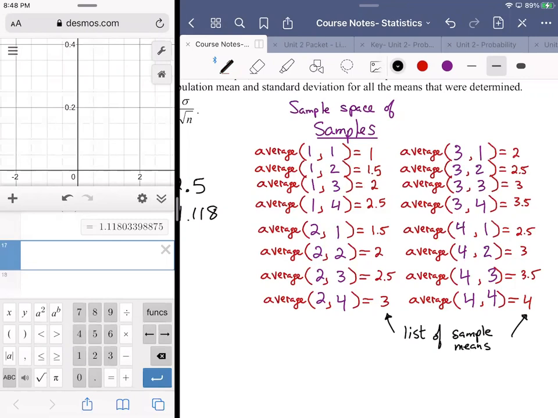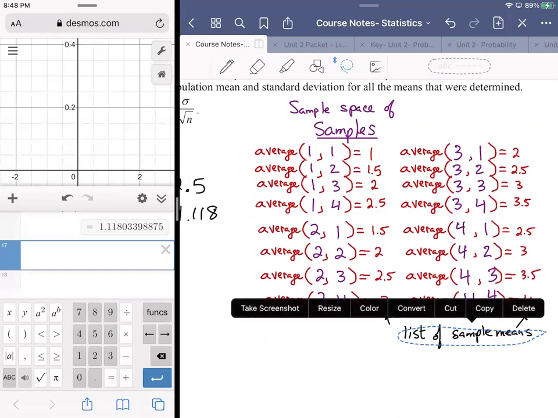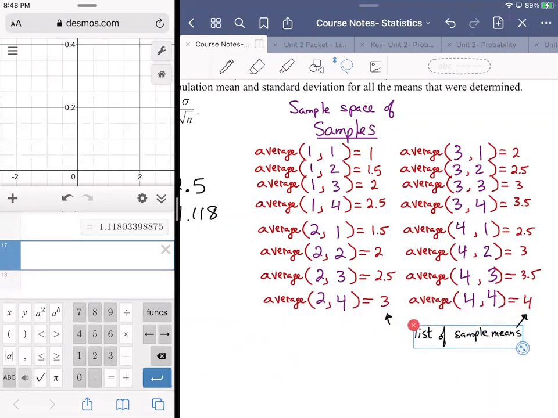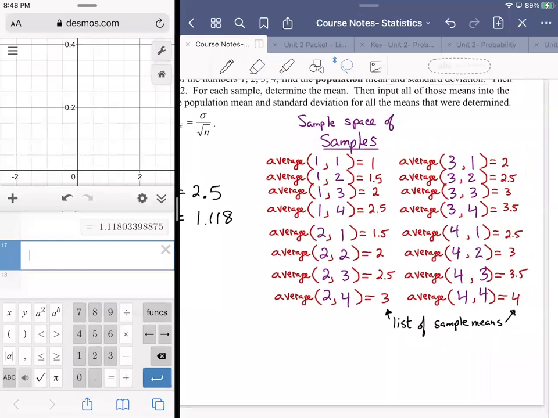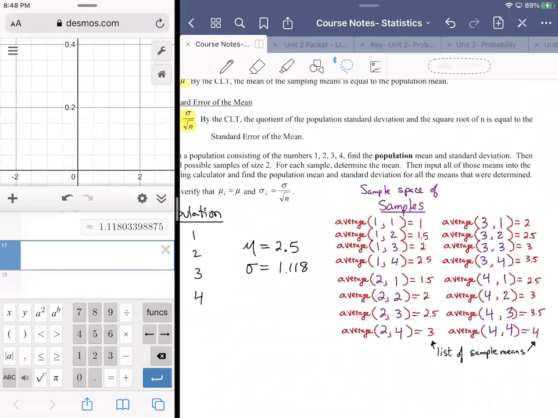We're going to find the mean of those sample means, and that should be equivalent to the population mean if we did it right. If we didn't do it right, then I'll do what I always do: stare at the screen with a vacant look on my face, trying to figure out where I screwed up.